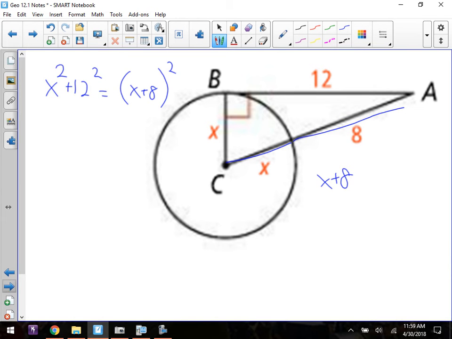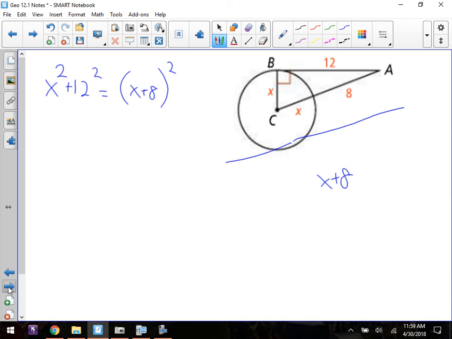So for something like this, when you FOIL it out, you get x squared plus 8x. Oops, drew it badly.